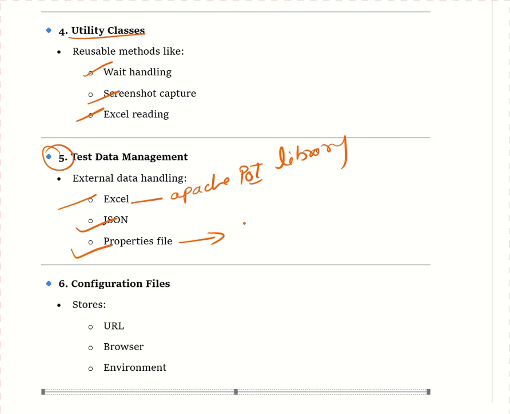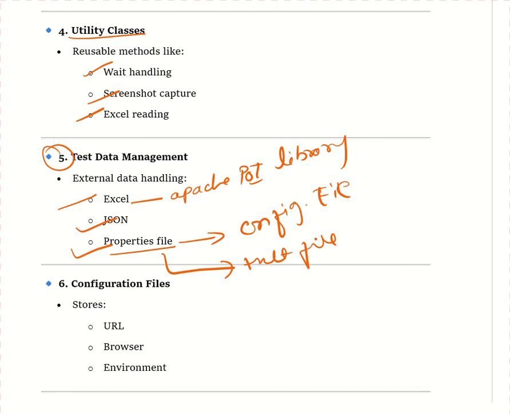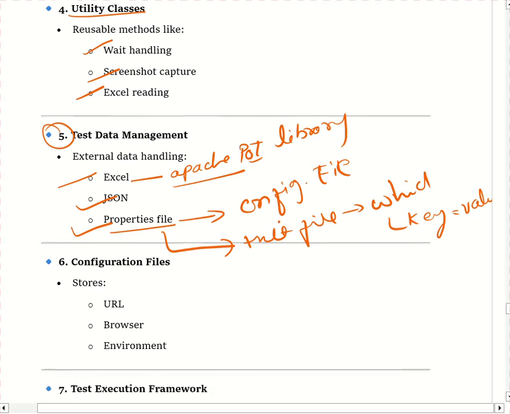A property file is a text file which stores entries in key-value pairs. For Excel we have to use the dependency for the Apache POI library. Then we can also use JSON and property files. A property file is a text file where we store values in key-value format.